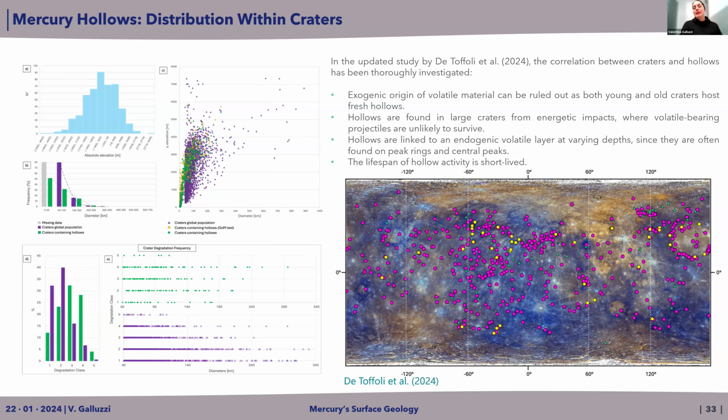So we can only see what was formed in the latest period of Mercury. So hollows are still an outstanding question today, and BepiColombo, the next mission to Mercury, will probably tell us more about their formation.